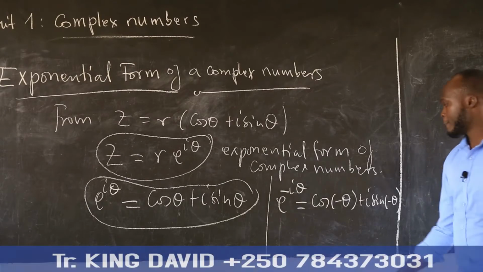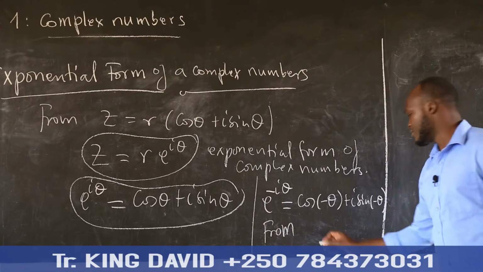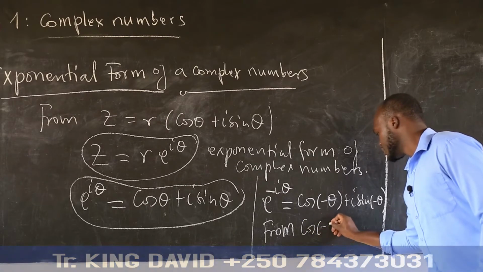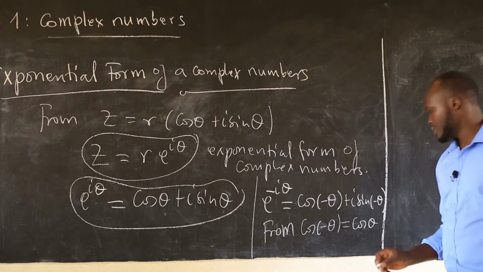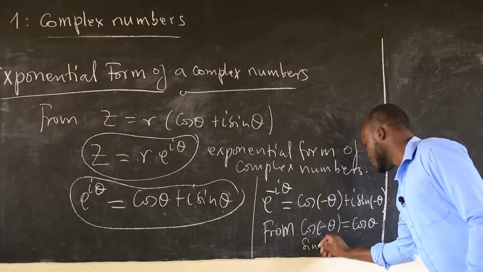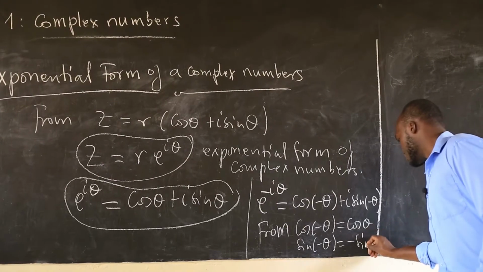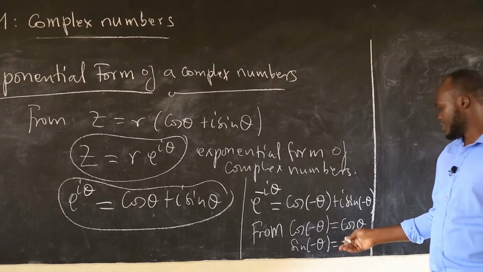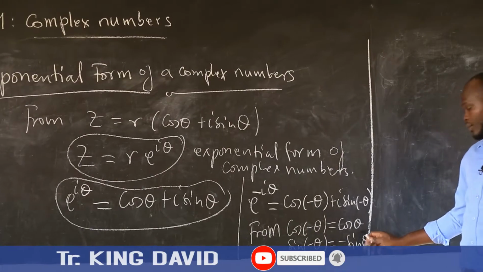So remember, cos of a negative angle is the same as cos of that angle. Sine of a negative angle is the same as negative sine of the angle. That is opposite angles. Cos of negative angle equals cos of angle.